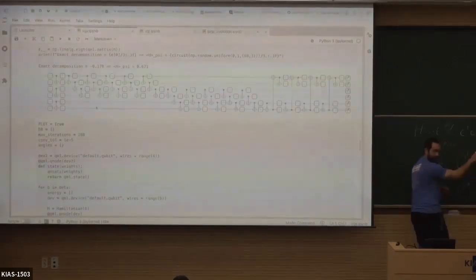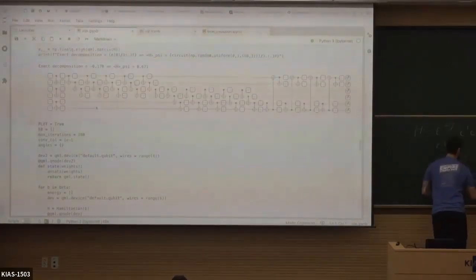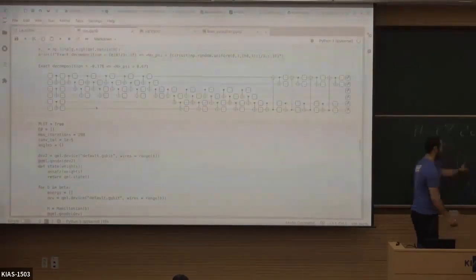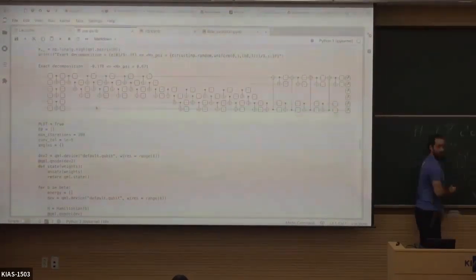I might have a typo, but you can do the computation. Each of them comes with a chain of Z. So if you're doing something other than nearest-neighbor interaction, this chain will get longer, so you have to implement all of them one by one.